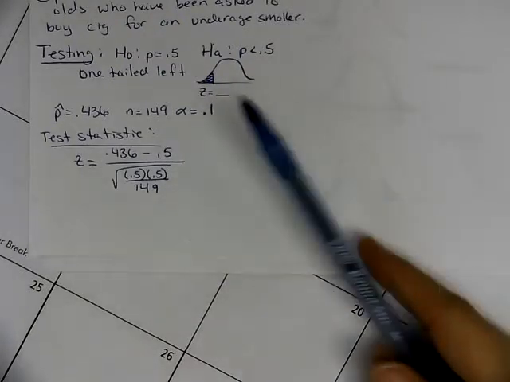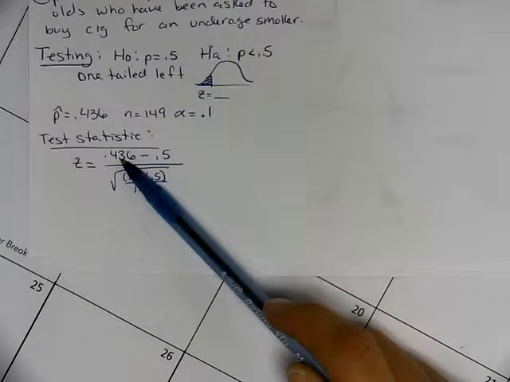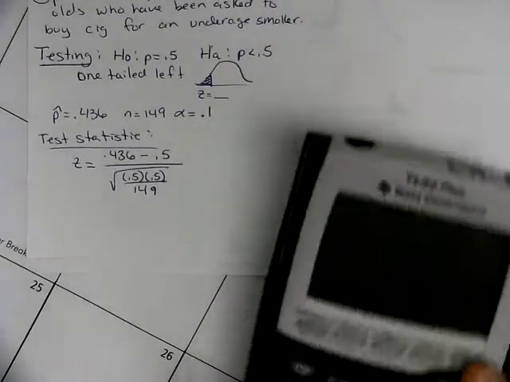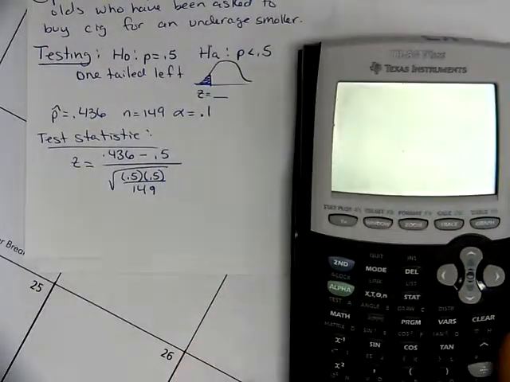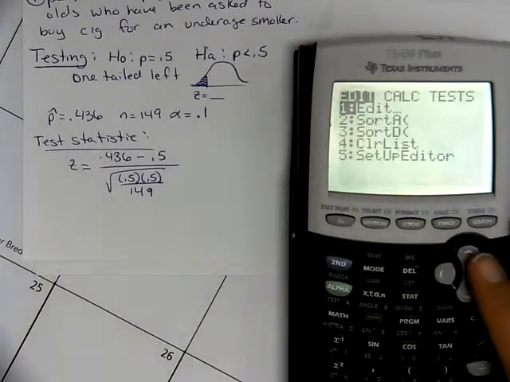Literally the only time you use p hat is at the beginning of your formula. Now, you can do this by hand, or can I show you how to do it in the calculator? Because it's way easier. In your calculator, every test we do is in the calculator. You still have to show the formula, though, to get full credit.